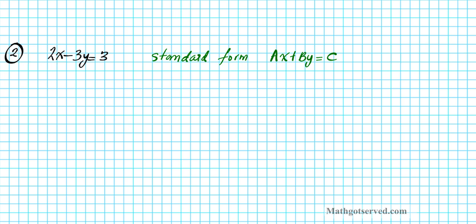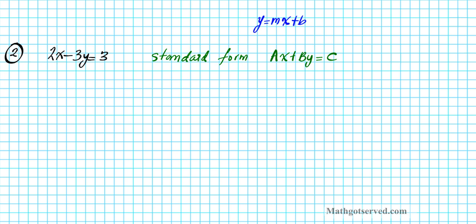You could graph an equation in standard form using that approach, but we're going to use a different approach here. What we're going to do is express this line in slope-intercept form. We remember what the slope-intercept form is. It is y equals mx plus b. To achieve this form, we have to isolate y in this equation.